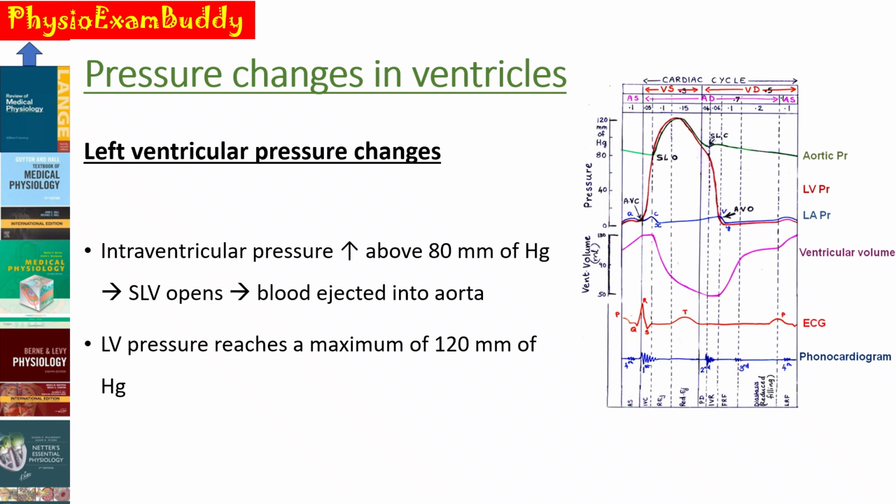And when this intraventricular pressure rises above 80 millimeters of mercury, our semilunar valves will open and blood will be ejected into the aorta, and the left ventricular pressure reaches a maximum of around 120 millimeters of mercury.